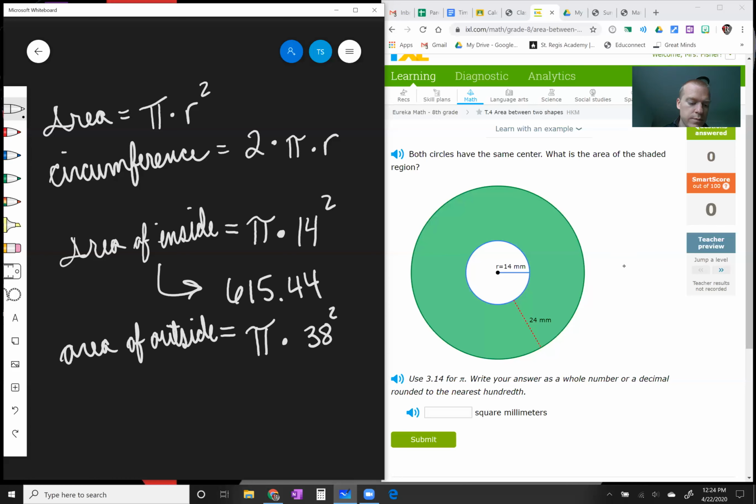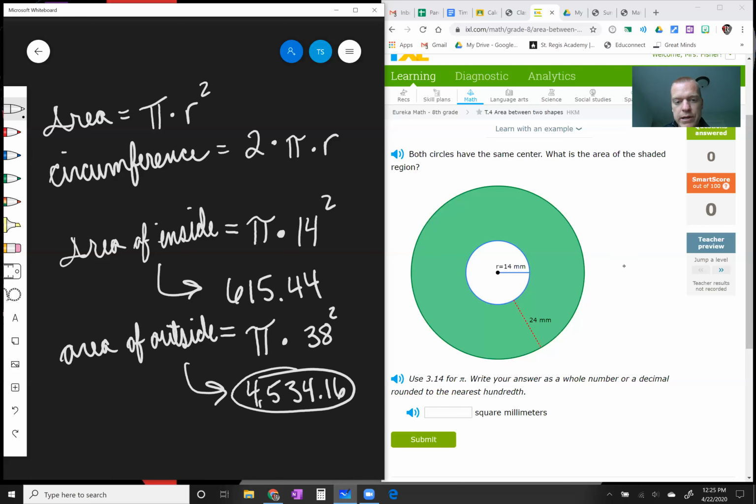So 38 times 38 is 1,444 times pi, which is 3.14. So the area of the outside is going to be 4,534 and 16 hundredths. Okay, so now to find the green part, I just need to subtract these two numbers.